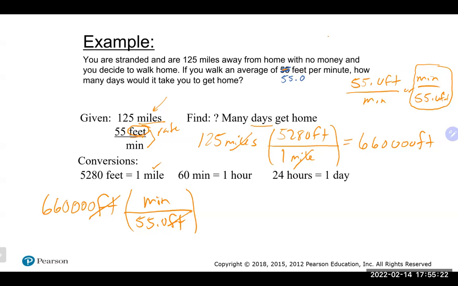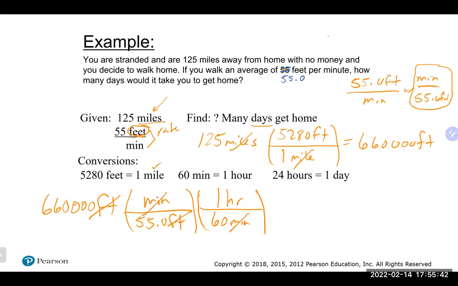Any questions so far? Now, again, it's really important here to set it up like this because now I can clearly see my minutes are on top. So to get rid of my minutes, I need to go opposite and put 60 minutes on the bottom is 1 hour. Again, the minutes would cancel here.